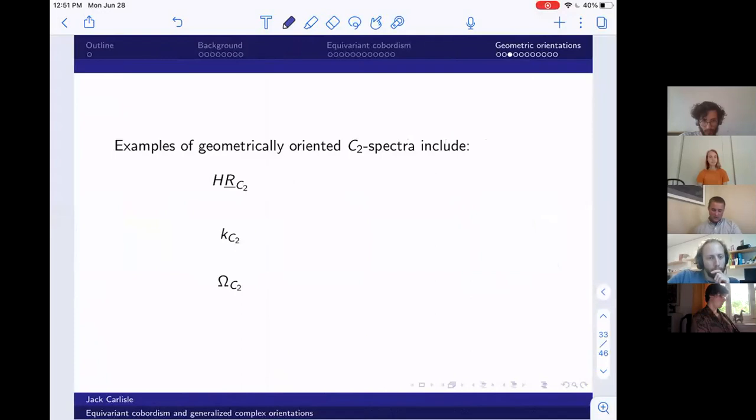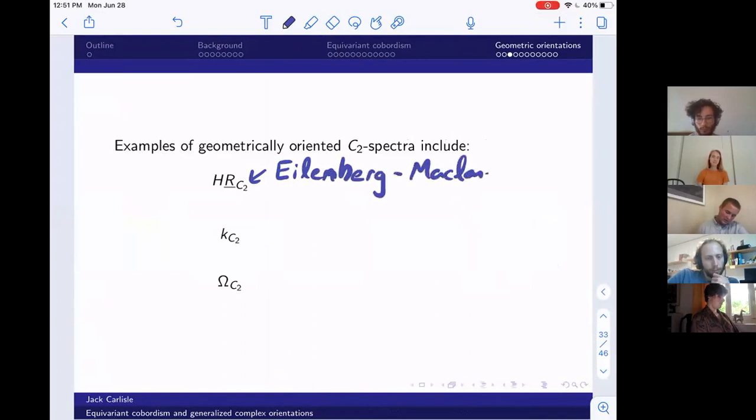Okay. So there are lots of interesting examples of these objects. The two examples I'd like to emphasize, aside from the spectrum omega C2 itself, are the following two examples. First of all, there's the Eilenberg-MacLane spectrum associated to a constant Mackey functor on a commutative ring R. And so in this GROOT series, I think David talked about Mackey functors.